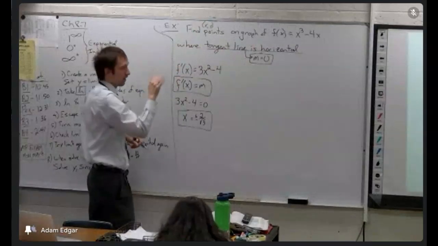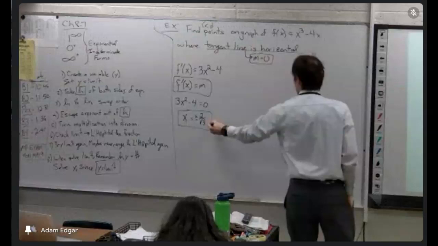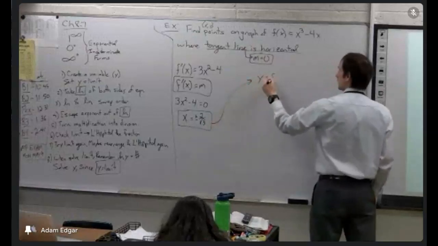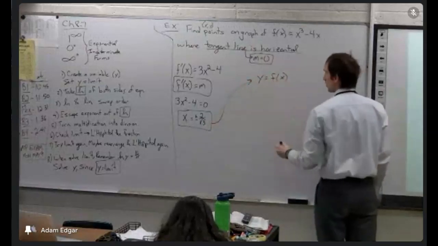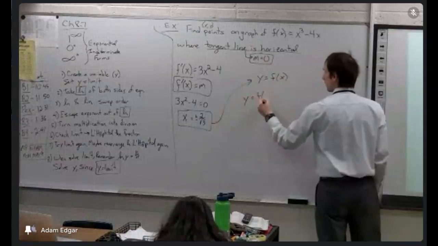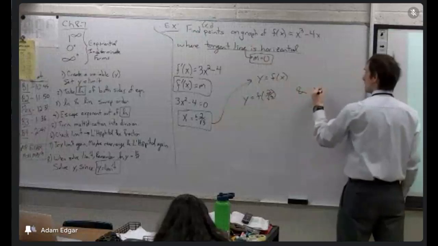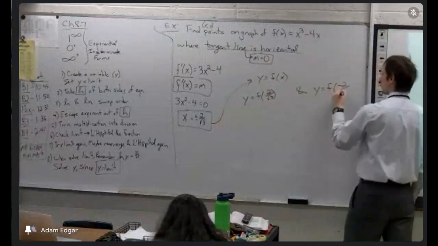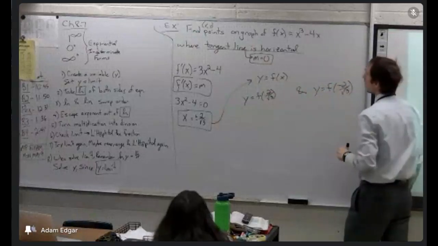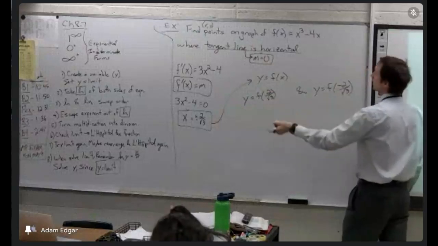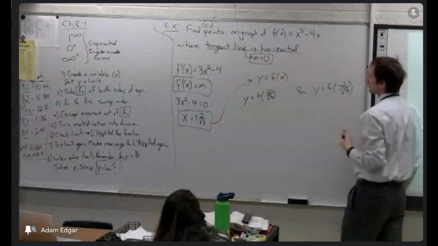F of x. So once you have that, you remember, oh yeah, y is f of x. So you're going to do y equals f of positive 2 over root 3. And you'll do y equals f of negative 2 over root 3. And because our x's are ugly, and you're plugging them in, you're going to get something fairly obnoxious.